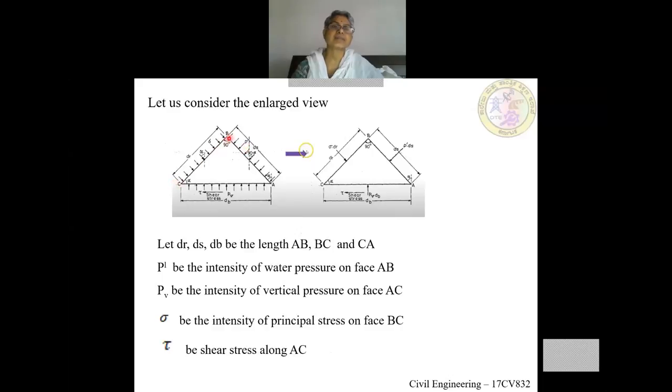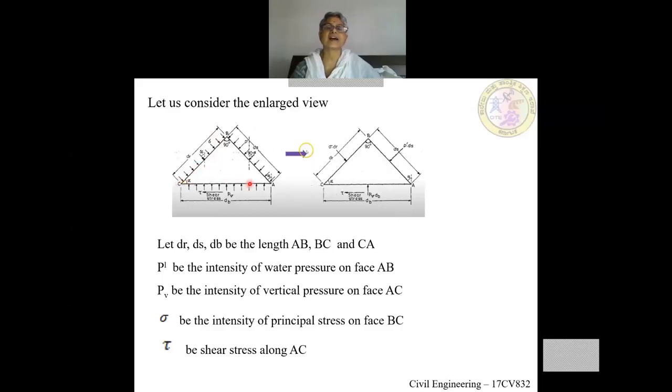This is BC, where there is sigma, because of the water, and its length is dr. Let alpha be this angle, and this is 90 degrees.